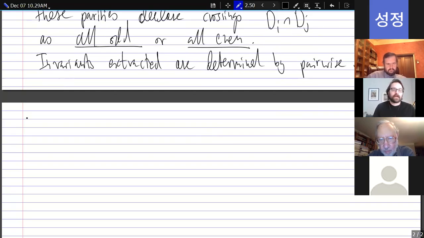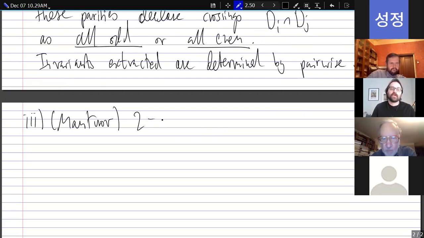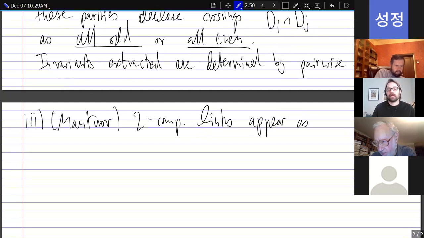And then as a third extension, Vassily has an extension to two component links that appear as cross sections of cobordisms.